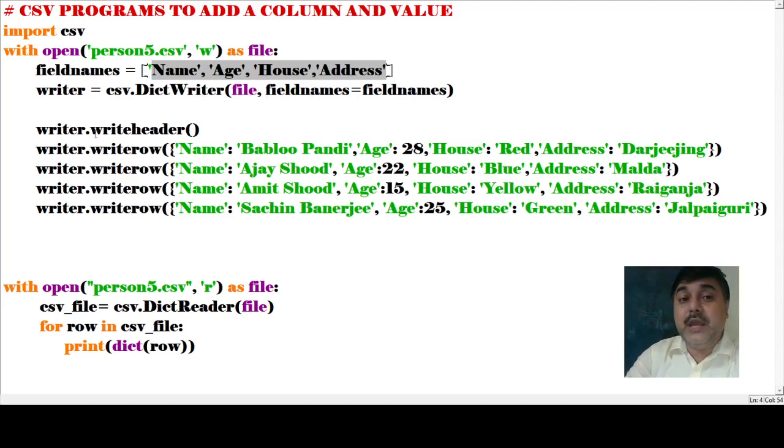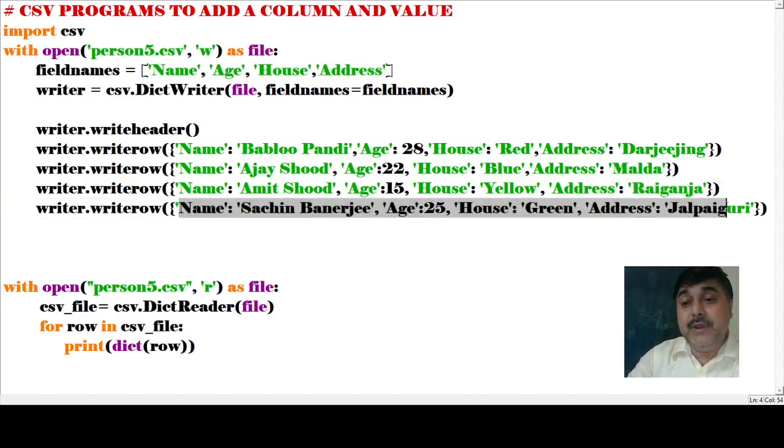So writer.writeheader means the above sections that we are taking. Then writer.writerow, where the values have been given here. See, those are the values. Then writerow for the second row, the third row, then the fourth row. So this way all the values have been implemented here.